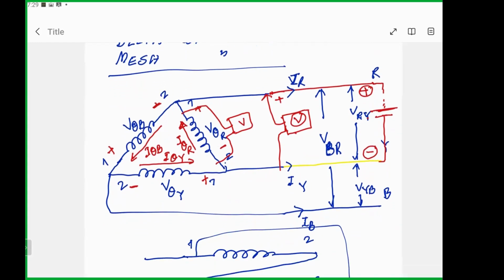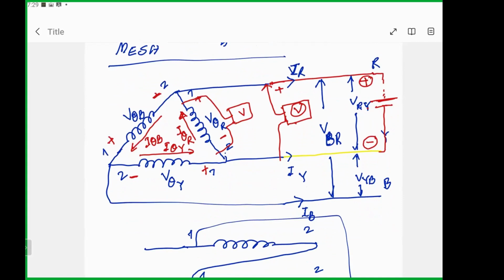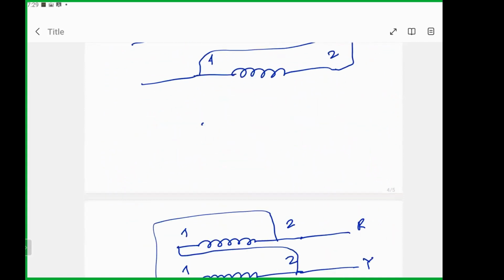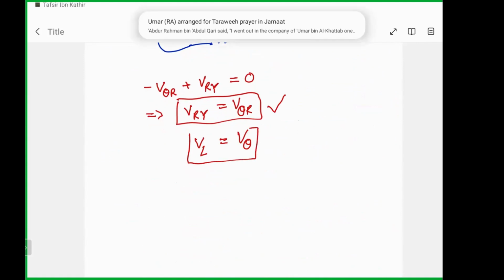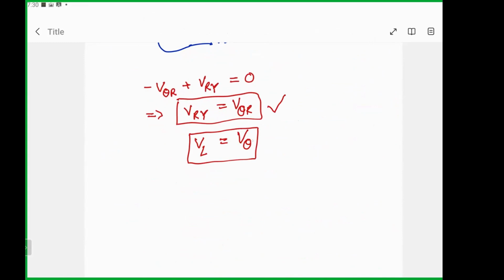So they will give you the same voltage, and this is true for all the phases. That means in delta, the phase voltage is equal to the line voltage. So I can write VL is equal to V theta. This is straightforward: if you have a delta connection, the line voltage and the phase voltage will be the same.